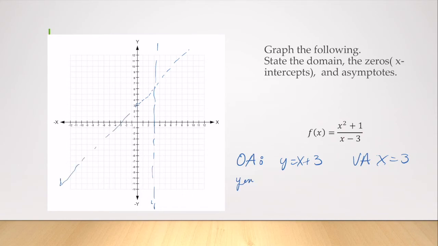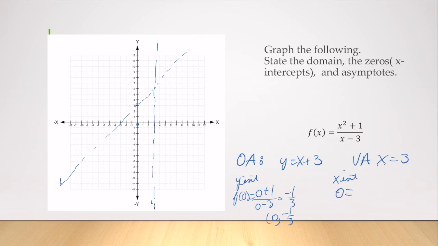So to find my y-intercept, I let x equal 0. So I get f of 0 equals 0 plus 1 over 0 minus 3. So I get negative 1/3. And x is 0, y is negative 1/3. There's my y-intercept. To find my x-intercept, I let y equal 0.